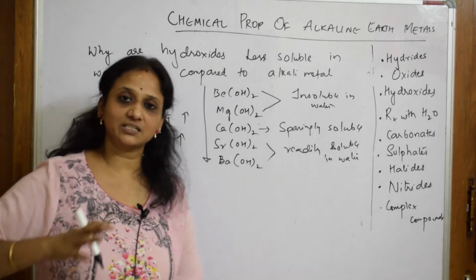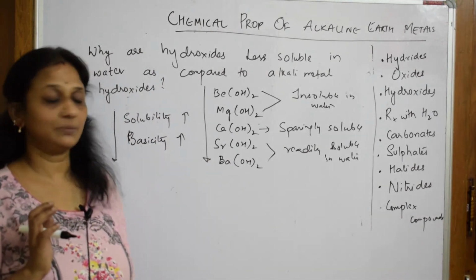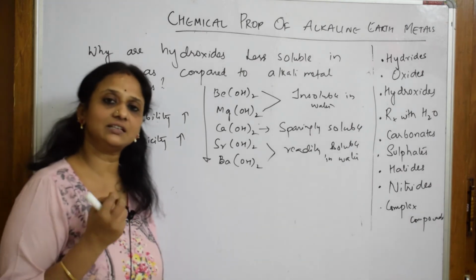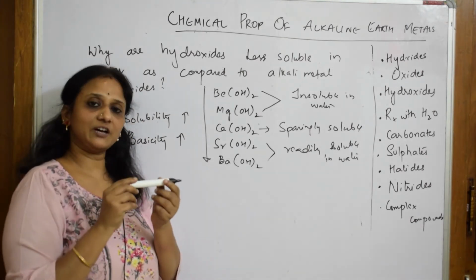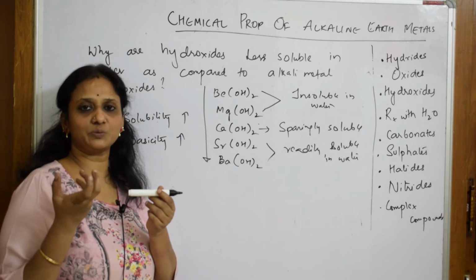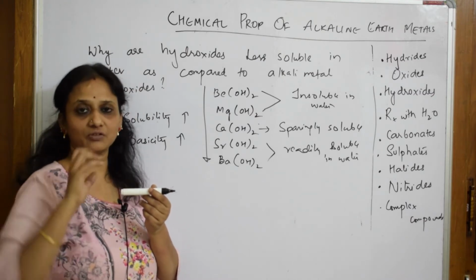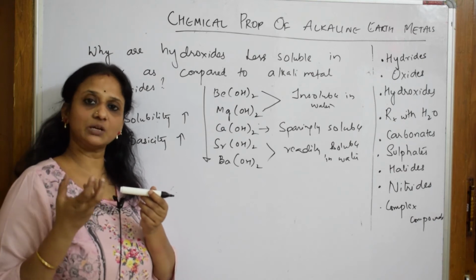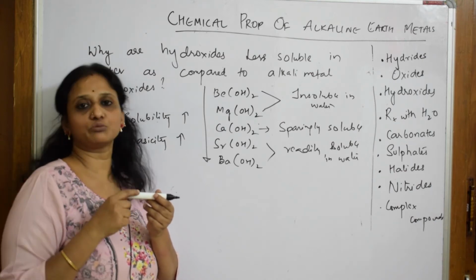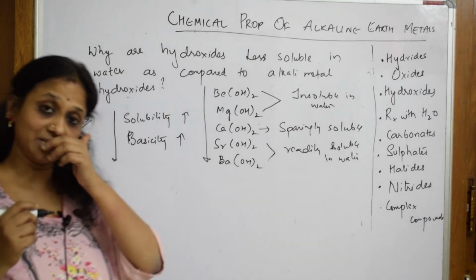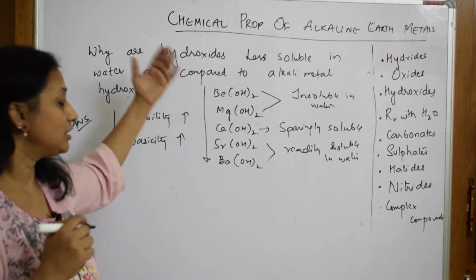Now let us relate it with hydration enthalpy and lattice enthalpy. Whenever they ask you, try to speak in terms of hydration enthalpy. What is hydration enthalpy? In simple terms, it is the energy released when a bond is formed between an atom and a water molecule. For alkaline earth metals, the hydration enthalpy remains unaltered.